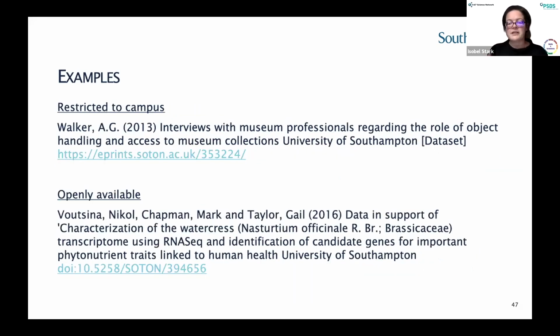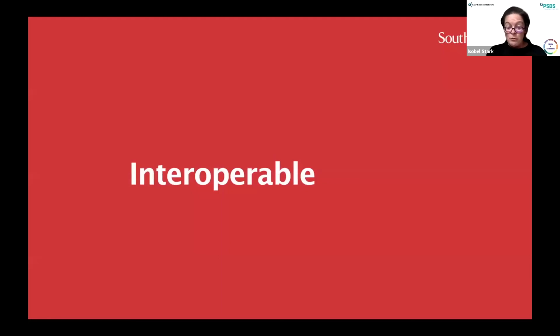You know, you may have to show that you've got ethics clearance from your own institution to be able to access the data. Not being immediately openly available does not mean that your data set is not FAIR. What makes it FAIR is that it's very obvious and clear to the requester how they get access to the data set.